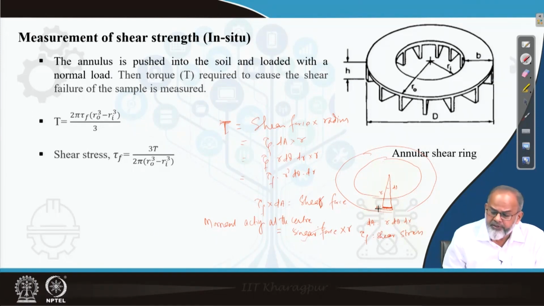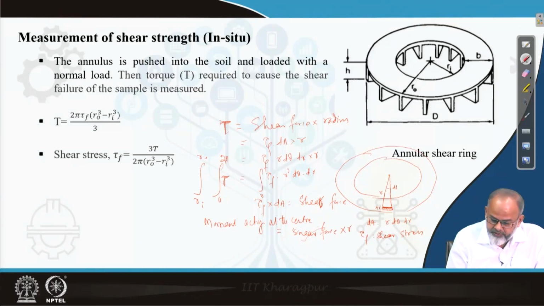Now, if you want to find the total torque acting because of the rotation of the annulus ring, then we have to integrate this expression from 0 to 2 pi and from r inner to r outer.